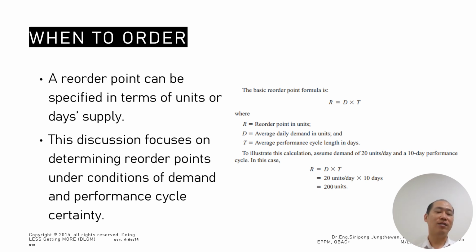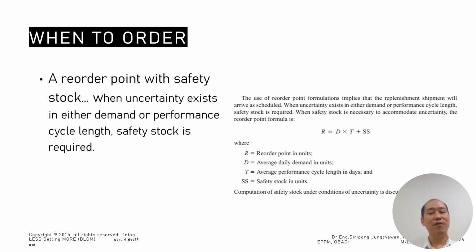This focuses on determining reorder points under conditions of demand and performance cycle certainty. And reorder point with safety stock: you know the reorder point, and then you add safety stock.